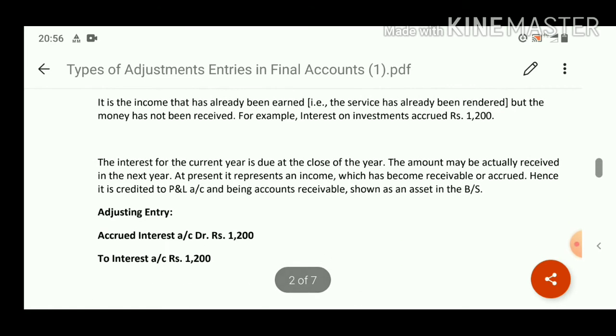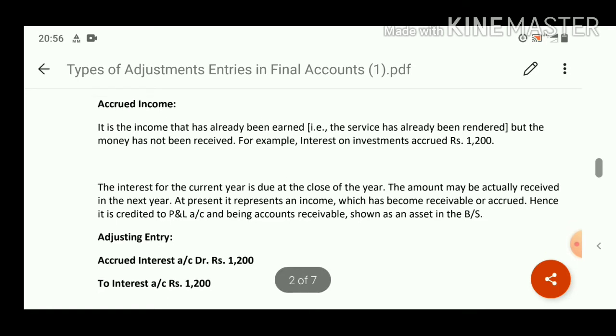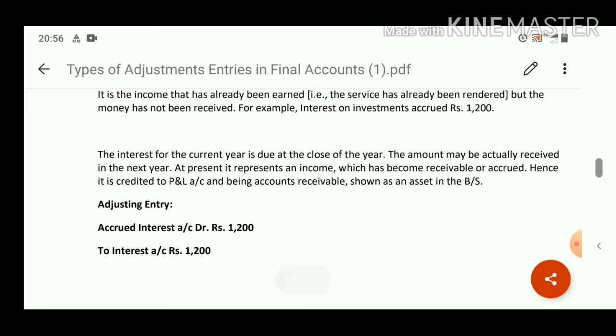Then comes accrued income. Accrued income is income that has been earned, the services have already been rendered, but you have not yet received the money. It could be interest on investment that is accrued, rupees 1200.